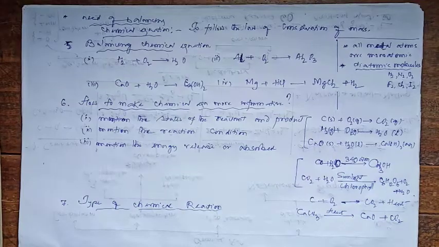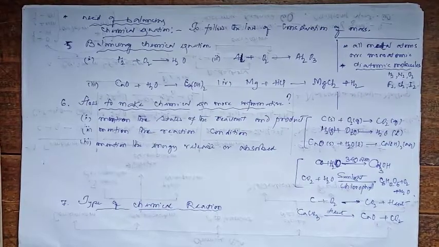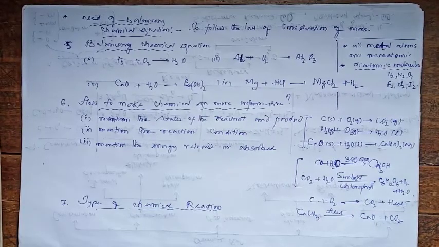We know from our previous classes, during a chemical reaction, the mass remains conserved. Before the reaction, what was the total mass? After the reaction, the total mass remains the same. That is, mass is neither created nor destroyed. That's the law of conservation of mass. So during a chemical reaction, mass should always be the same before and after the reaction.